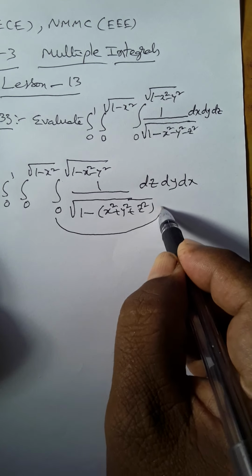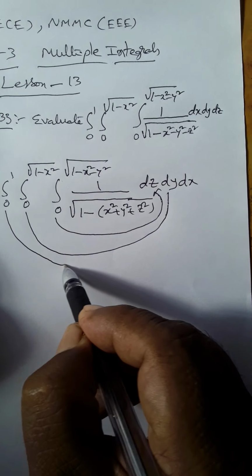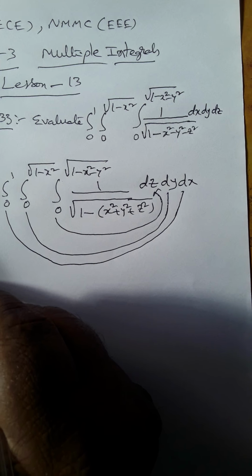So these are z limits, these are y limits, these are x limits.